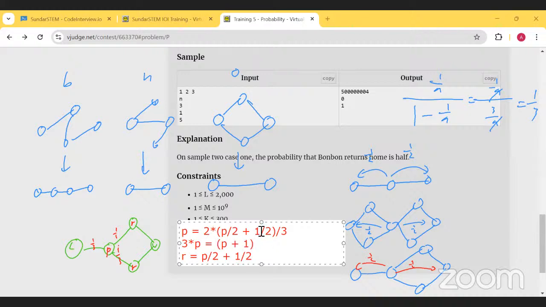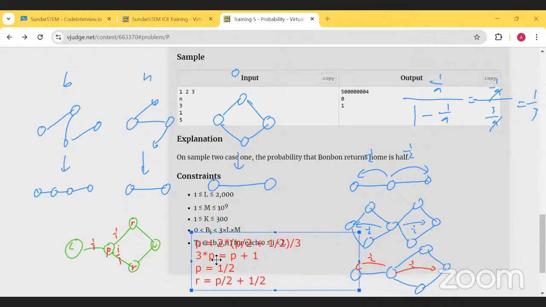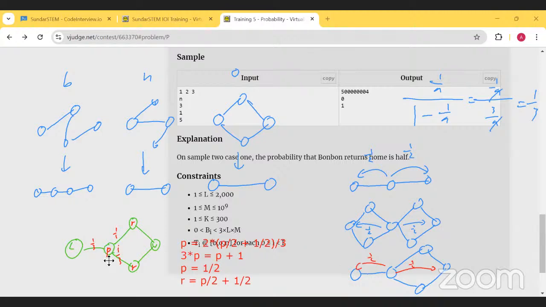So 3 times P equal to P plus 1. Then we move P to the left side: 2 times P equal to 1, and then P equal to half. Finally, we have just proved that the probability to go to the right and to go to the left is the same.